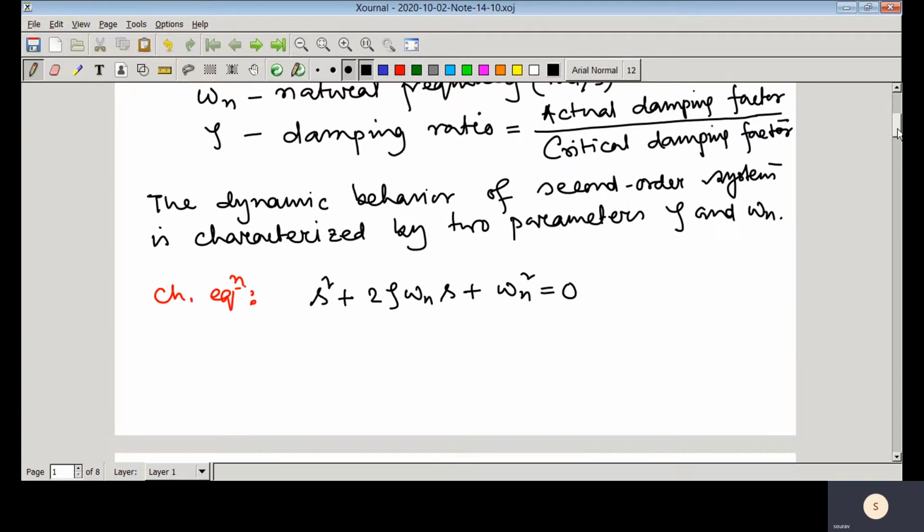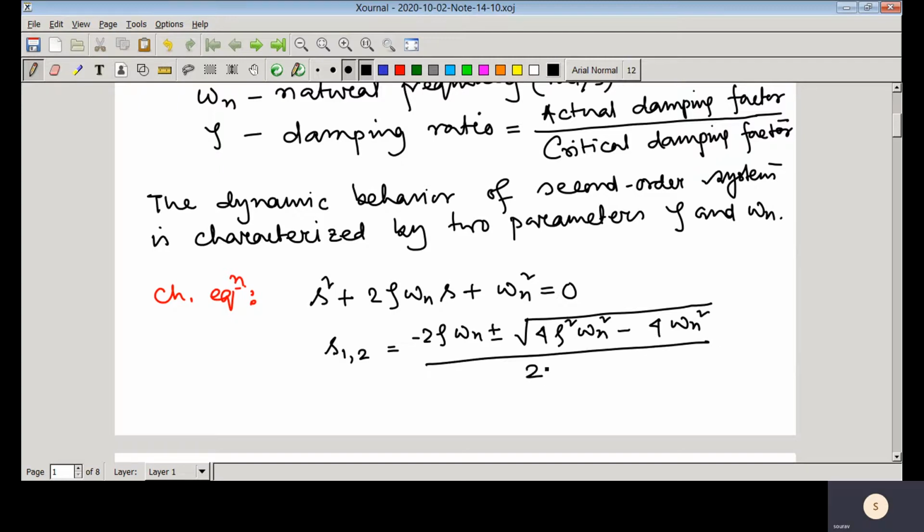So what are the poles of that system? The poles are minus b plus minus root over 4 zeta square omega n square minus 4 omega n square, divided by 2.